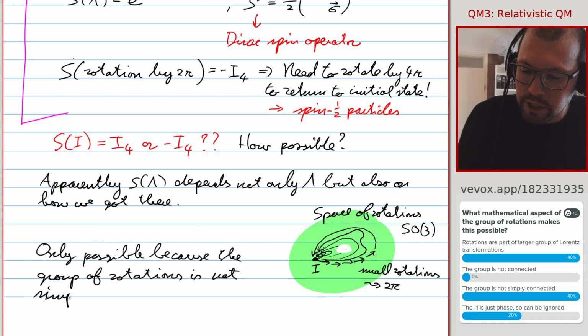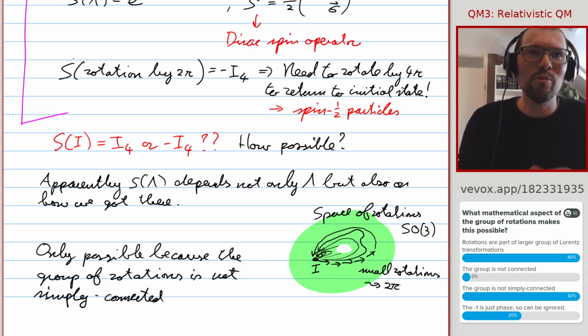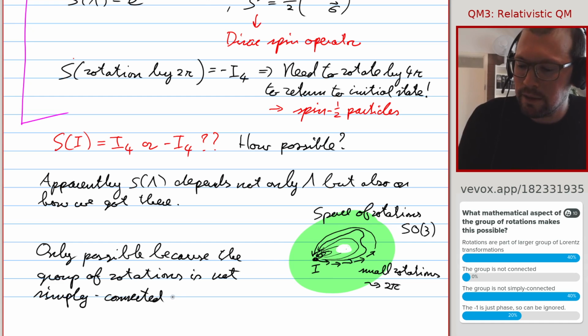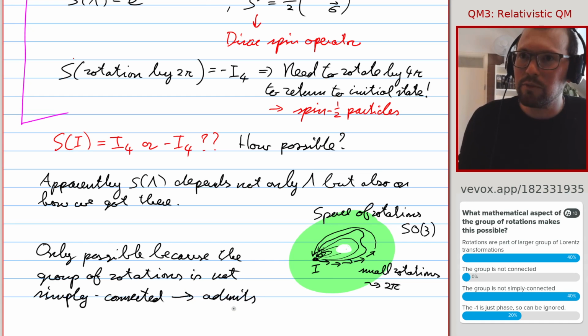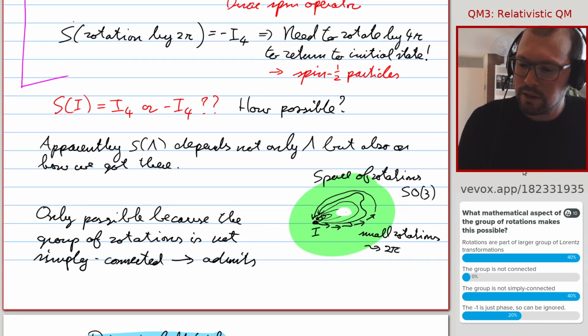So remember, simply connected means that you can deform any path back to the trivial path, the constant path. And in fact, the rotation group admits a double cover that is simply connected.